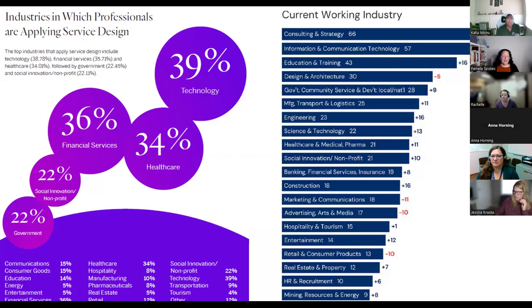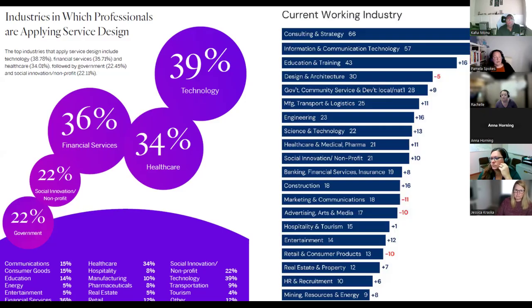We did a survey asking, before you knew about service design, which industry did you work in? And after you learned service design, what industry are you working in? That's the numbers on the edges there. So more people went into consulting and strategy, more into information and communication technology, but also more into government or community services, and also engineering, science and technology, healthcare, social innovation, banking.